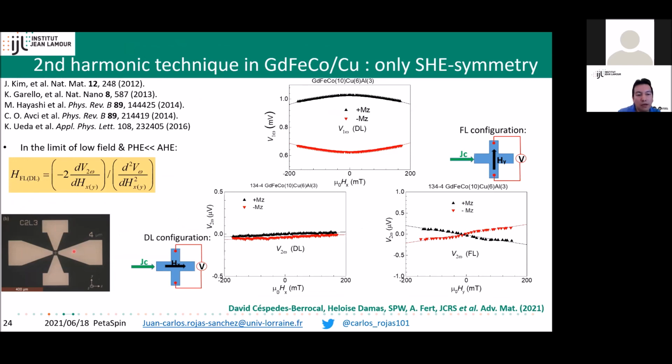We inject a current here and we measure the transverse voltage, and in this limit, and we have checked this condition, the planar Hall effect is much smaller than the anomalous Hall effect in our system. The ratio of the linear behavior of the second harmonic over the quadratic factor of the first harmonic gives us the damping-like or field-like torque. I will focus on the damping-like.